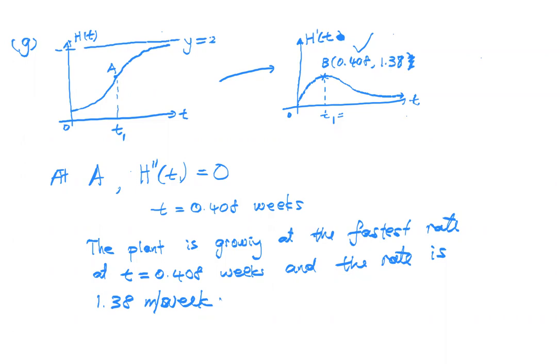I should say at A. I cannot say at B. B is the turning point of H prime t. It's not the inflection point. If I want to write at B, I will write like that. Look, at B.